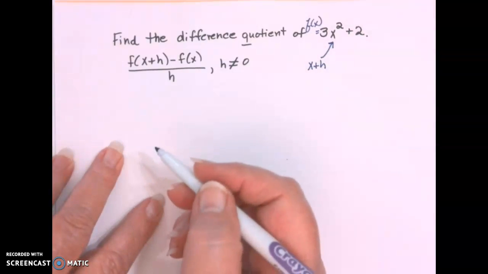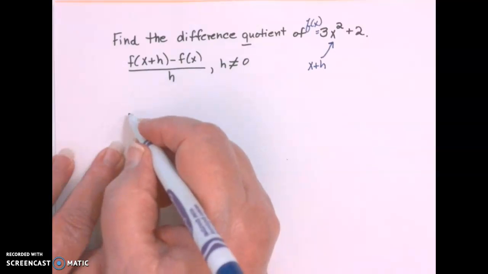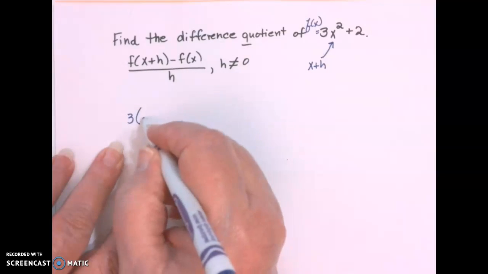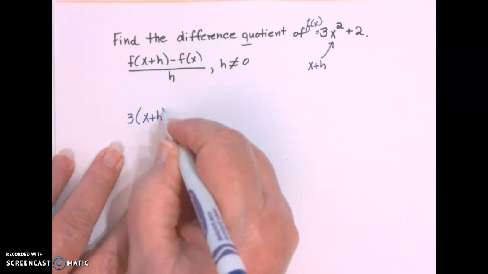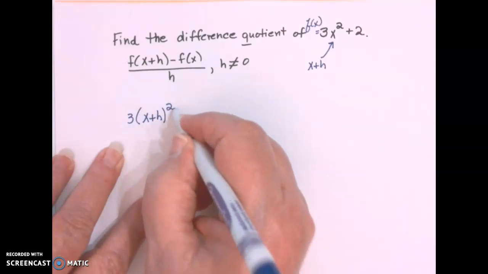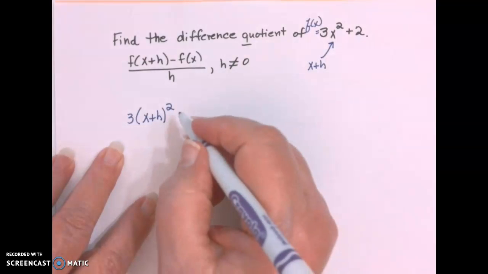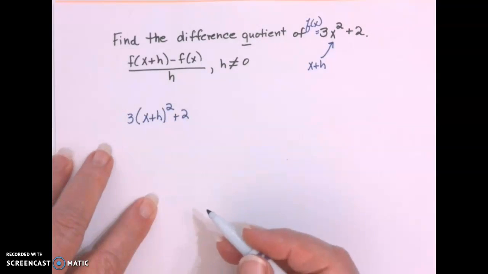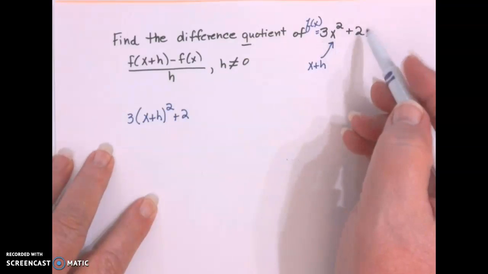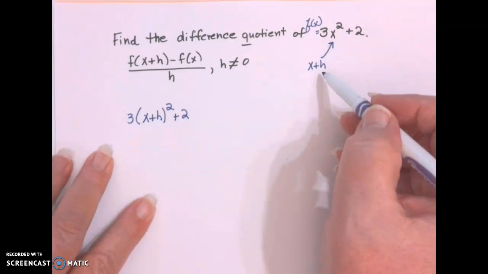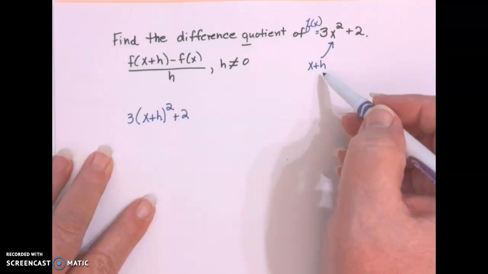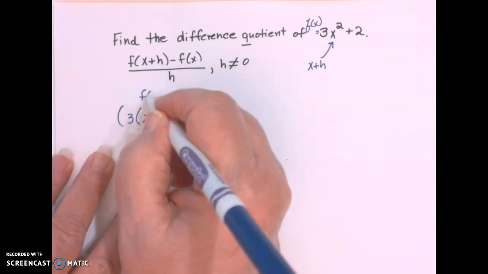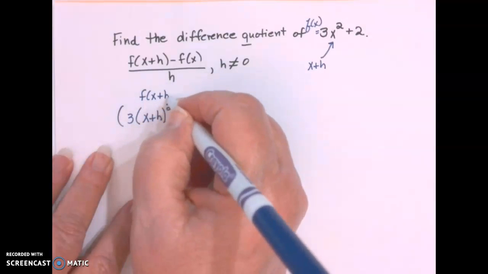So f of x plus h will be 3 times x plus h squared, because my x was squared, plus 2. So I took my original function, I put x plus h in where I had an x. So this is my f of x plus h.